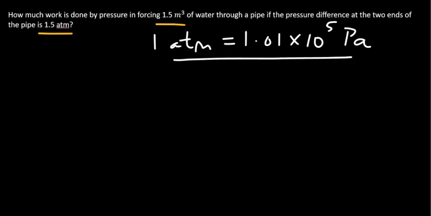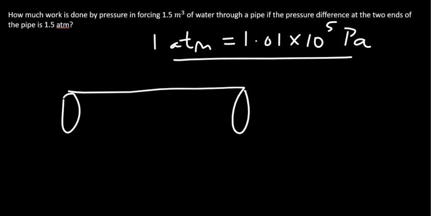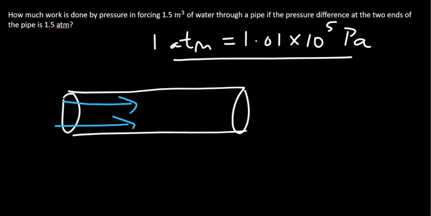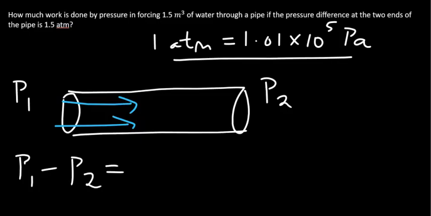So that is the conversion factor. So what you have here is a pipe like that, and water is going inside like that. So the pressure here, let's call it P1, the pressure there is P2. So P1 minus P2 is 1.5 atm.